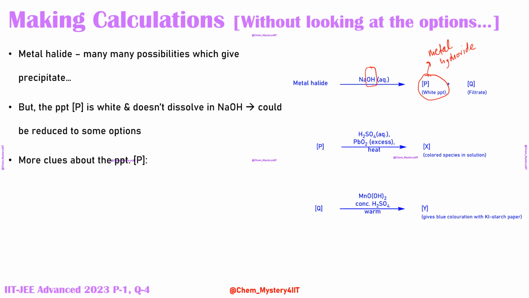A few more clues were given about this precipitate P. One thing was in the next reaction sequence, if you see, it was told that this is soluble in H2SO4. And in fact, why are we putting H2SO4 before adding PbO2?